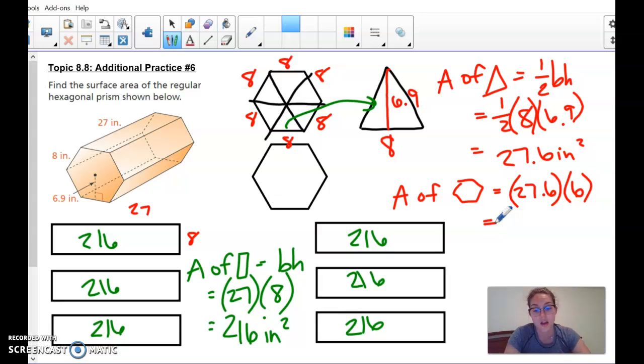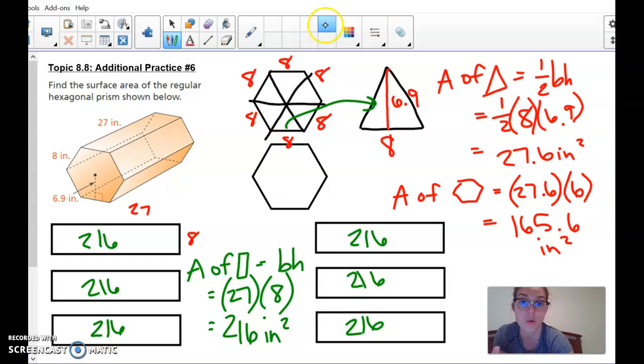So if I take that and multiply it by 6, I end up with 165.6 inches squared. So now I know the area of the entire hexagon is 165.6 inches squared, and I can put that on there, 165.6, and this one is also 165.6. So I have found the area of all of my surfaces of this hexagonal prism.